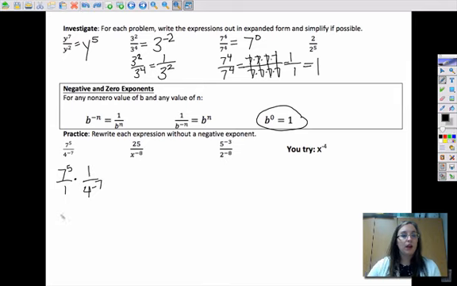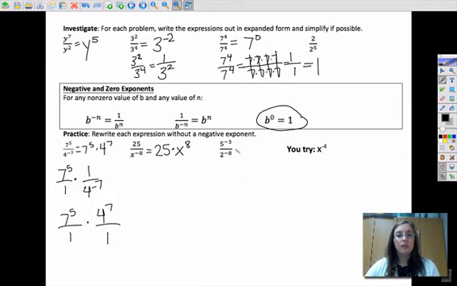So what I can do is think of this as 7 to the 5th over 1 times 4 to the positive 7th over 1. I just flipped it around. So the way to rewrite this would just be 7 to the 5th times 4 to the 7th. In the same way, I can take this one and write it as 25 times x to the positive 8th. This one, I've got negative exponents in both, so I can just take the reciprocal and think of 2 to the 8th divided by 5 to the 3rd.